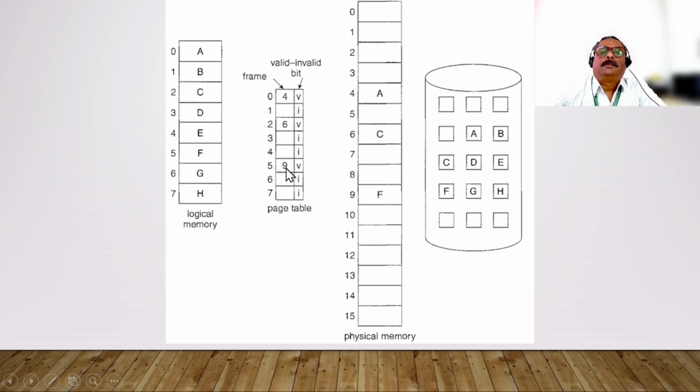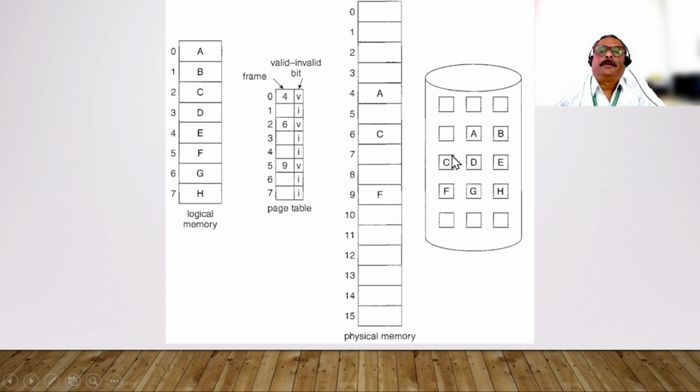Then we leave it blank and call it invalid. But make sure that the contents of F were the same as the contents of F here in the backend. If they are not the same, then this copy has to be written back onto the secondary memory, so that next time if page F is required again, it can be swapped in.